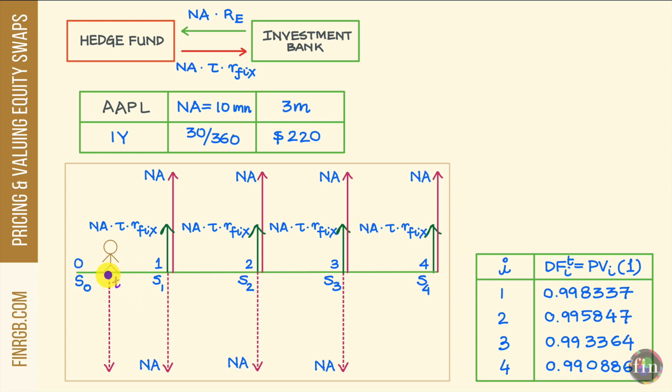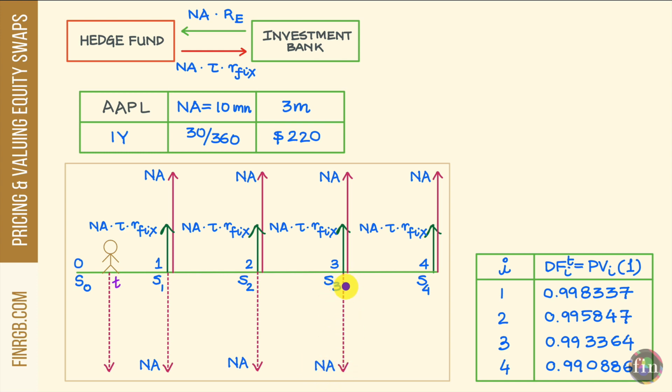Now, to find the value of this equity swap, again, let's say from the perspective of this investment bank, which is the equity payer and fixed receiver, again, what I have done is that I have used this trick of superimposing these dummy cash inflows and outflows. And again, I have made the investment bank achieve this liquidation value to be paid to the hedge fund by planning an investment into the shares of Apple at this point in time, and the size of this investment is again these many dollars.